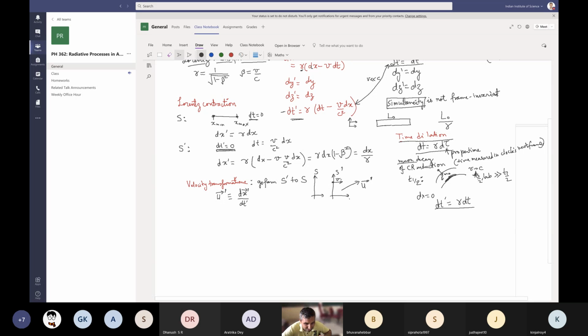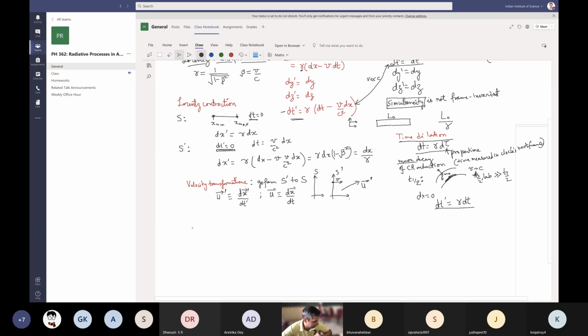Distinguish between v and u: U prime is the velocity of a particle measured in frame S prime, and we are interested in finding the velocity of the same particle in frame S. This is nothing but dx by dt. Rate of change of position is velocity.